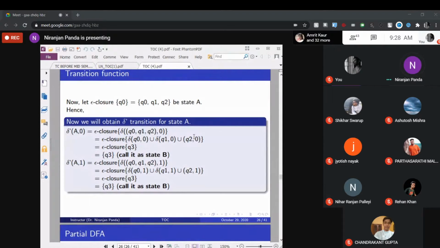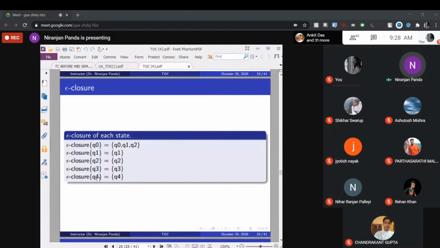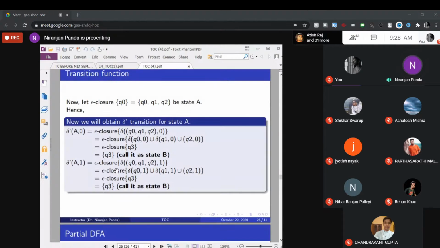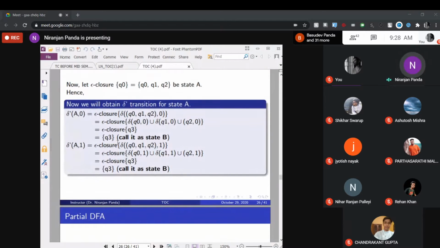That is 5 union Q3 union 5, and the result is Q3. Now I find the epsilon closure of Q3, which is Q3 itself, because I have already found all the epsilon closures. This Q3 is a new state in the DFA, and that's why I have renamed it as B.